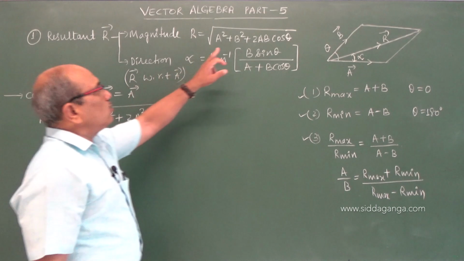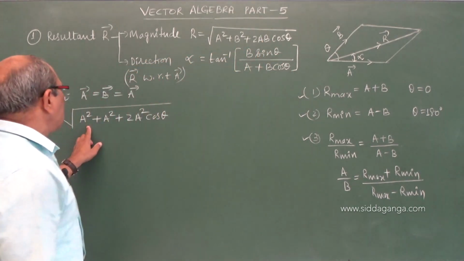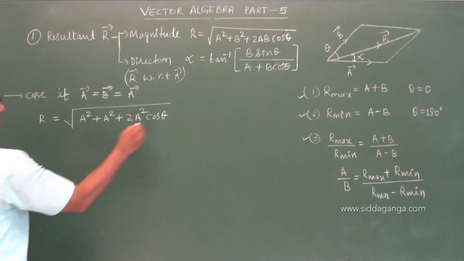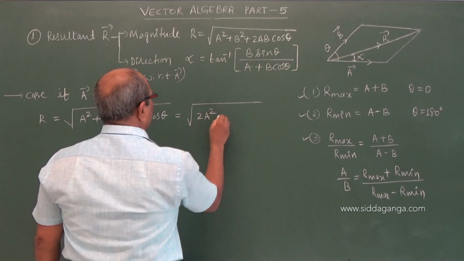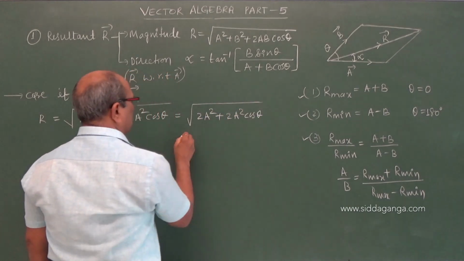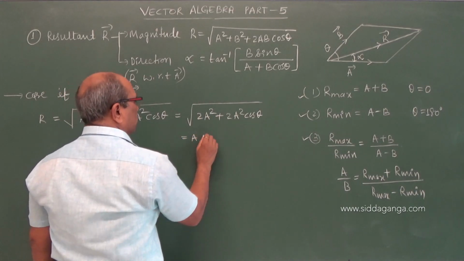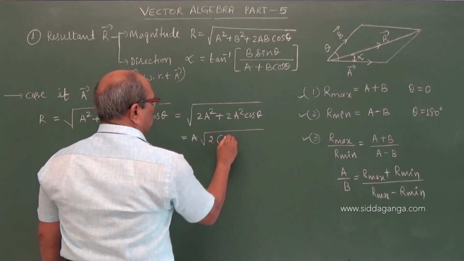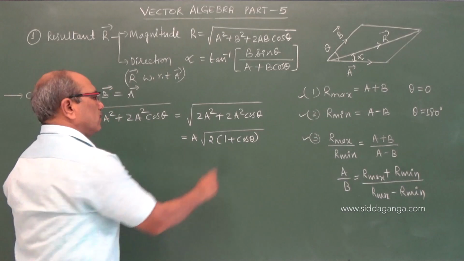So 2AB also becomes 2A square. A square plus A square can be written as 2A square plus 2A square cos theta, or I can bring A out of this, and 2 into 1 plus cos theta can be obtained.